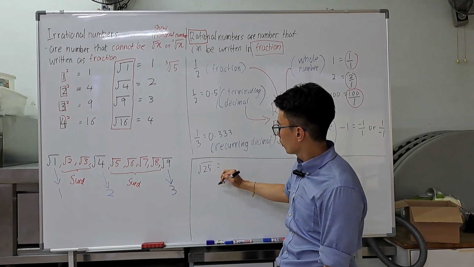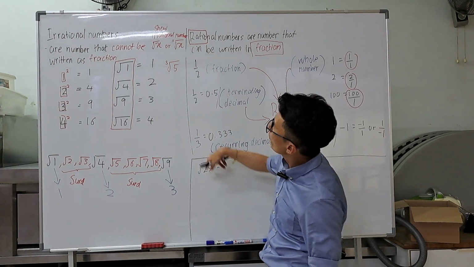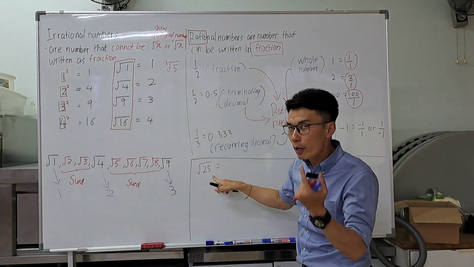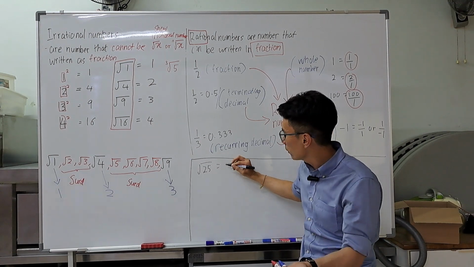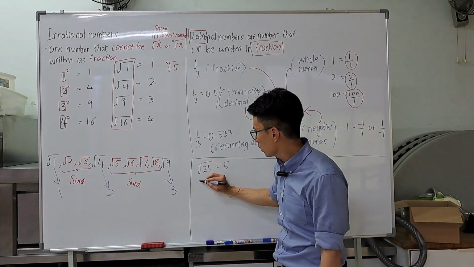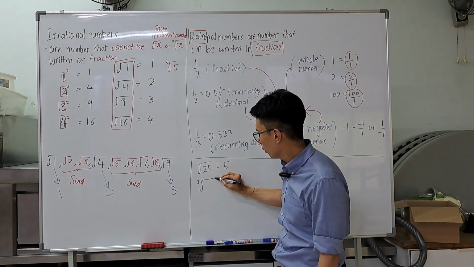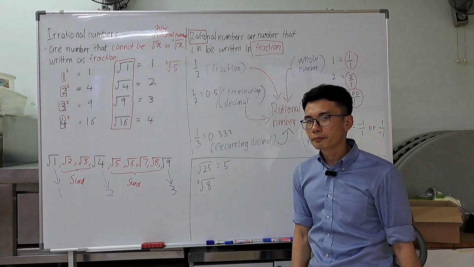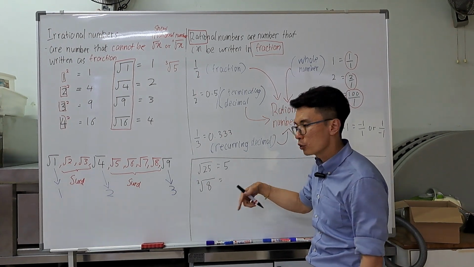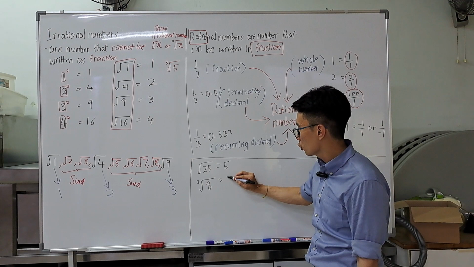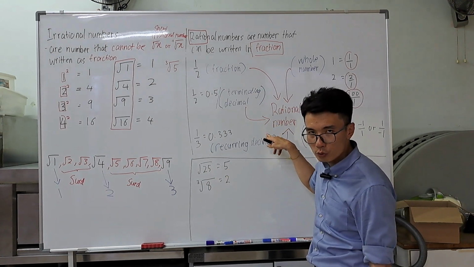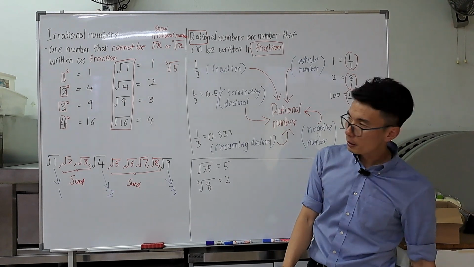Based on this, it looks like a surd, but no. Square root of 25, we can simplify and get 5. Same thing if I have the cube root of 8. We can simplify this. You can use your calculator and check, and you should get 2. And all of these belong to rational numbers.